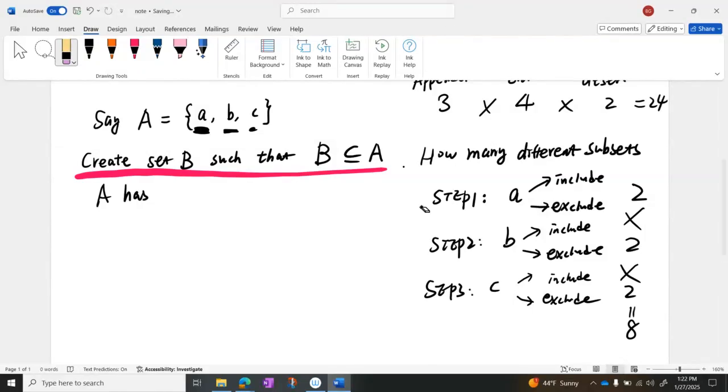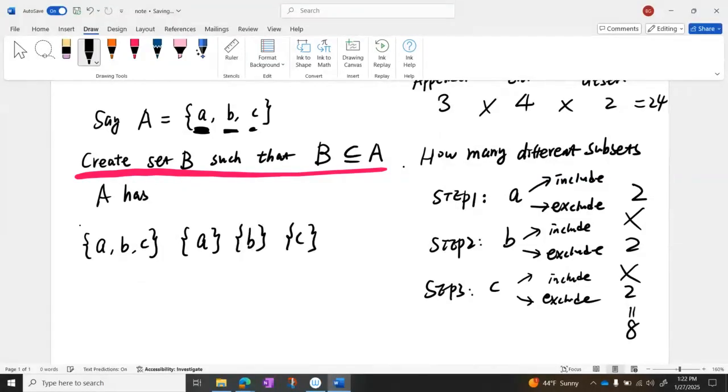The 8 different subsets are: when I consider a, b, c, I could include them all, right? This is a subset. Or when I consider the 3 steps, I may only include 1 element and exclude the other 2 elements. In that case, we have those 3 subsets. I also can include 2 of the 3 elements and exclude 1 of the 3.